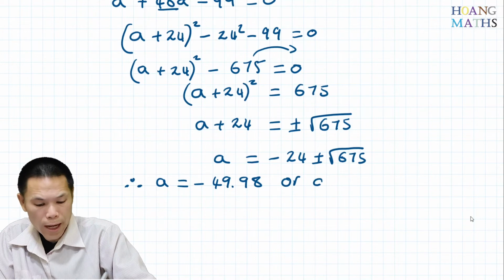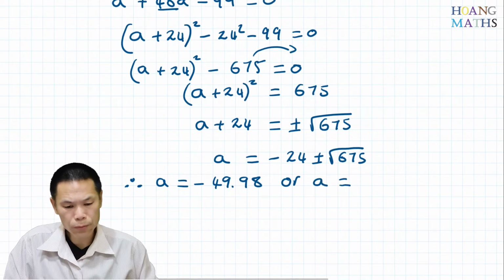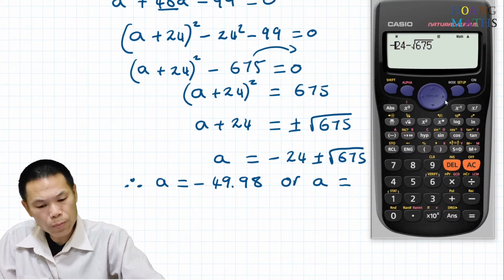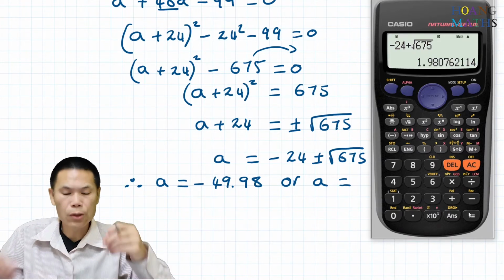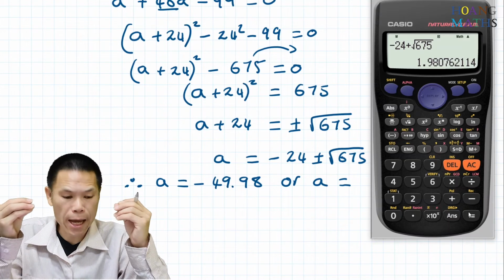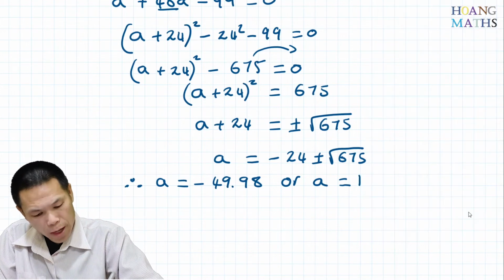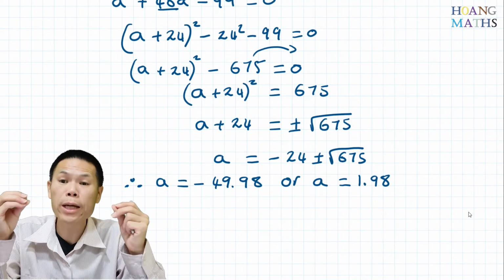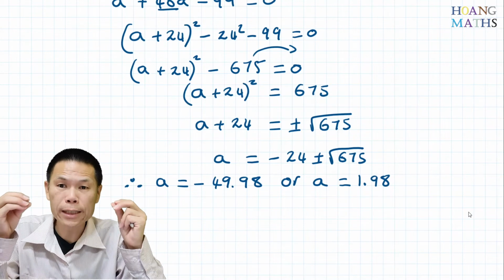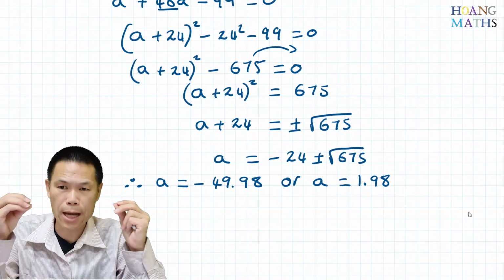Or a is equal to, so we just go plus. So there you go, 1.98. So therefore, a is equal to negative 49.98 or a is equal to 1.98.